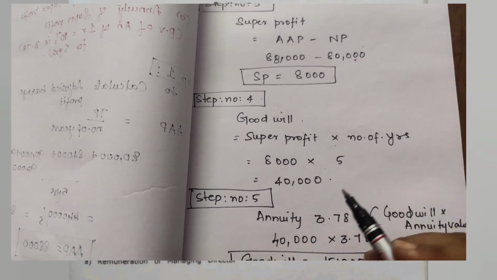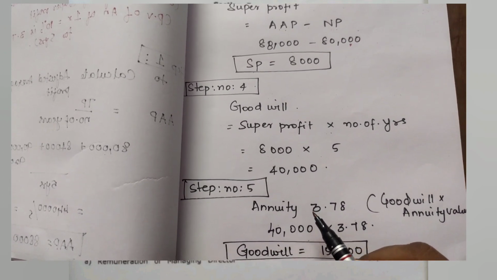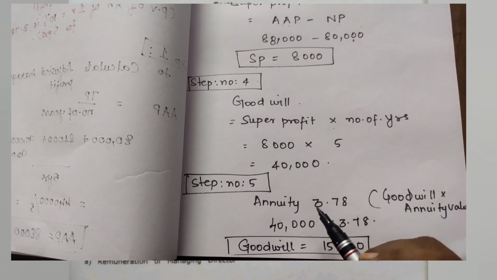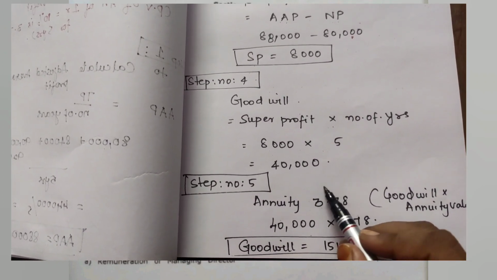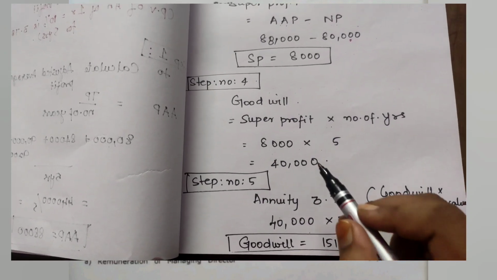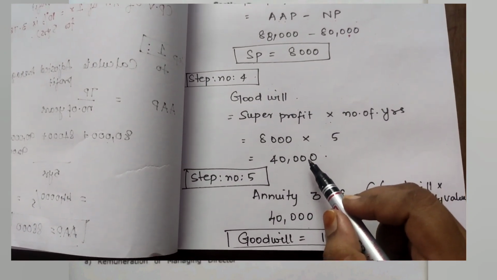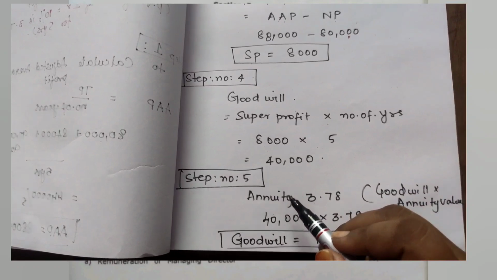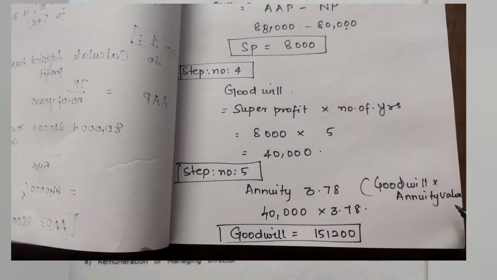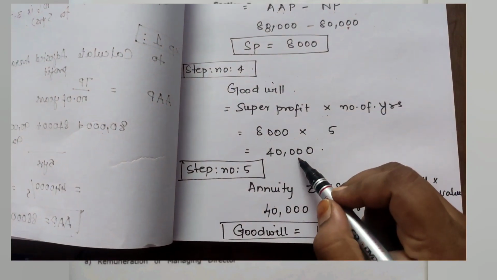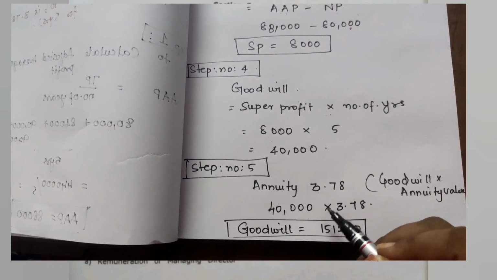Now step number 5 is that we need to calculate the annuity of our goodwill. The value is also given, 3.78. So the formula to calculate the annuity of goodwill is goodwill into annuity value. So 40,000 is our goodwill into the value.